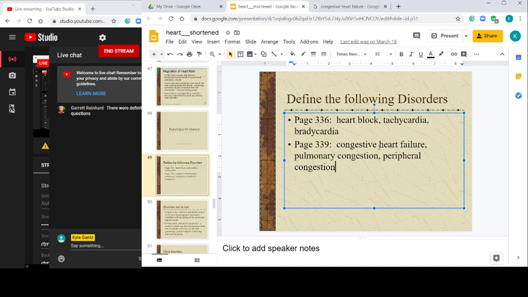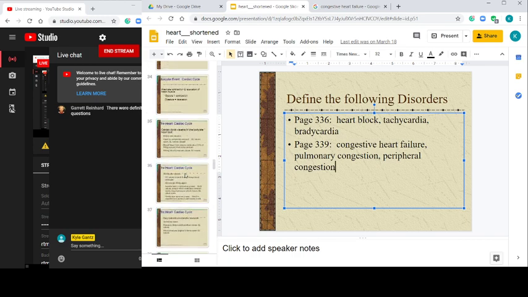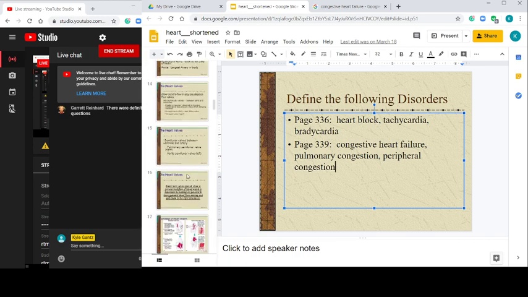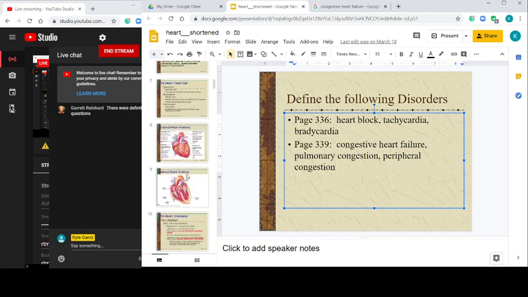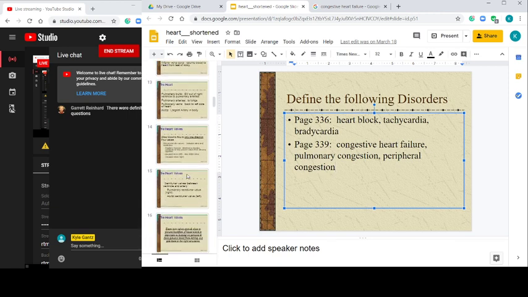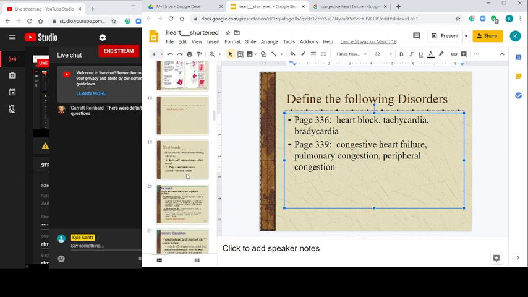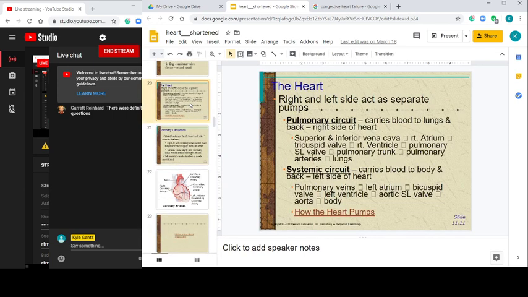So if we think about this, right? We have our heart. Our heart's a pump. It pumps two different things, right?